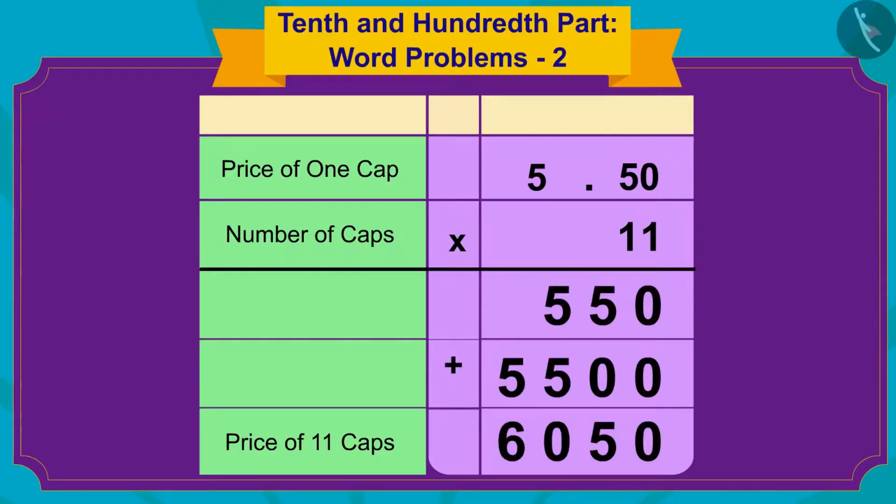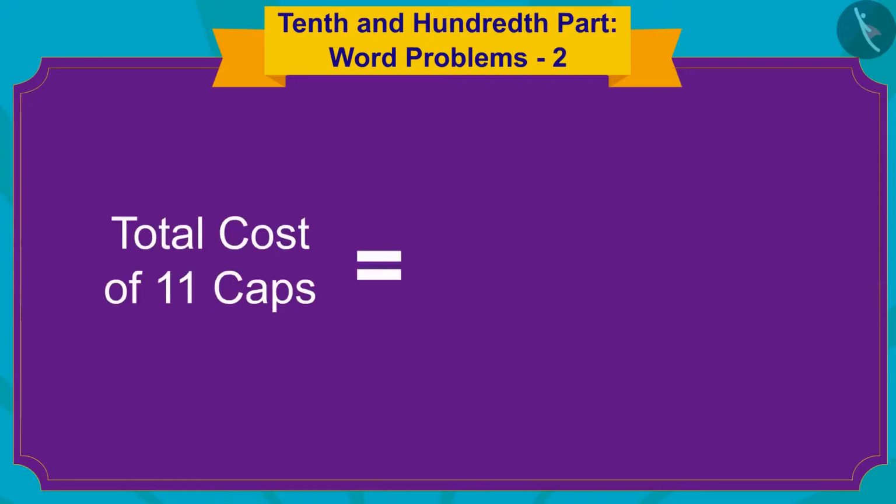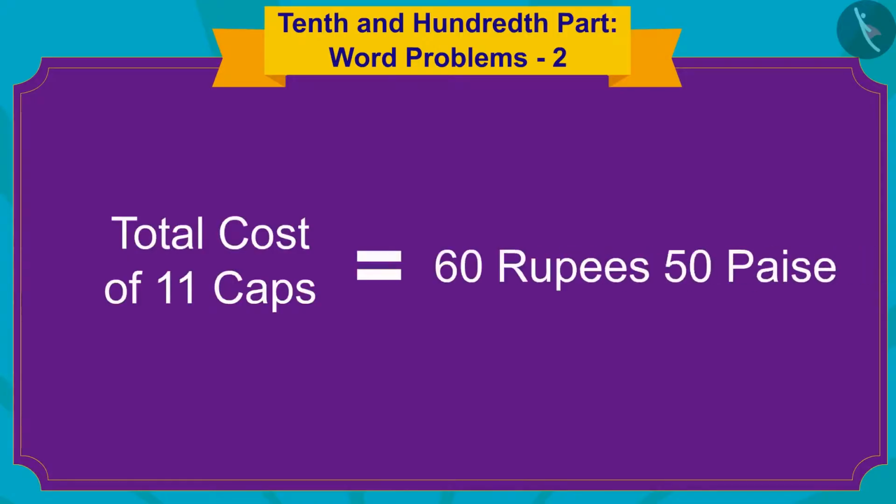And now, because there are 2 digits after the decimal point in 5.50, we will write the decimal point in the answer in this way. The total cost of 11 caps would be 60 rupees and 50 paise.